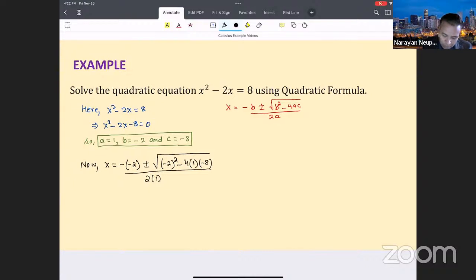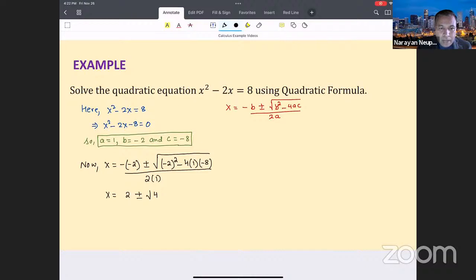So x will be equal to negative, and negative will make that 2 positive. Then you have plus or minus the square root of negative 2 squared. Negative 2 times negative 2 is a positive 4. Then here, negative 4 times 1, negative 4.